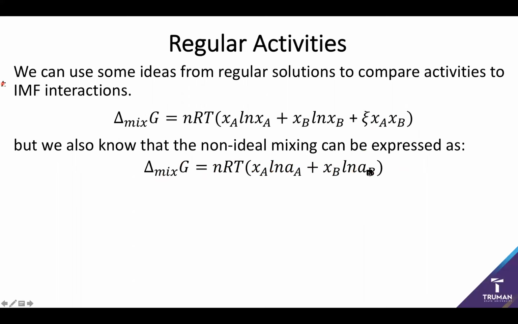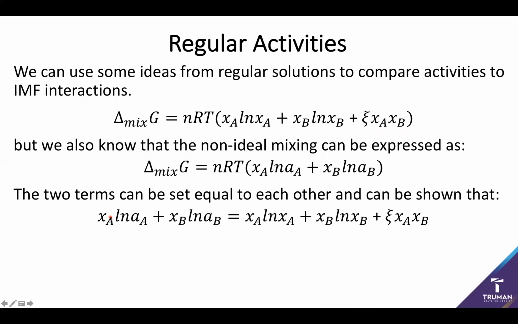So I can literally try to figure out a way to relate activity to the strength of the intermolecular forces. However, in order to start, we're going to start by getting rid of the shared terms, most notably the nRT. Otherwise, we can go ahead and set the systems equal to each other with activity on the left and the regular solution expression on the right.